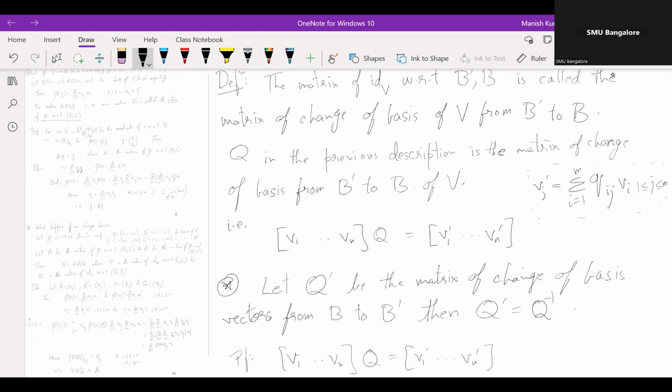So this is one way of remembering. This shorthand, the row vector v1 to vn times Q equals this row vector, is a way of remembering what the change of basis matrix means. From B prime to B, you have to put B prime on the other side and B on this side.